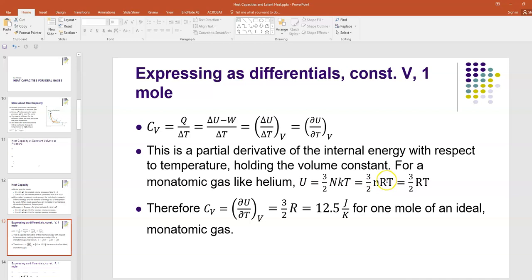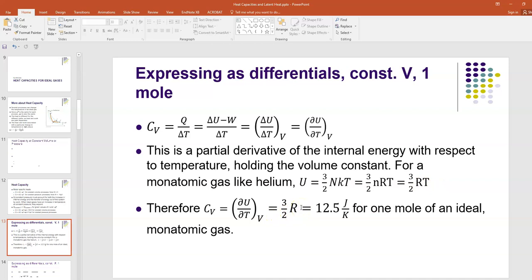Now remember here we're talking about a 1 mole basis, so n is equal to 1, which means that U is 3/2 RT. Since I have this expression for U, I can now take that derivative of the internal energy with respect to temperature holding volume constant. If I do that, the derivative of 3/2 RT with respect to T is 3/2 R.